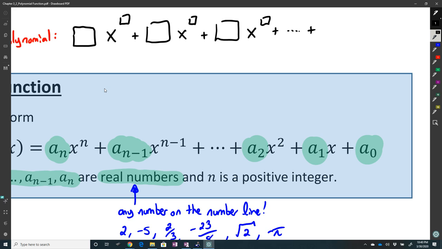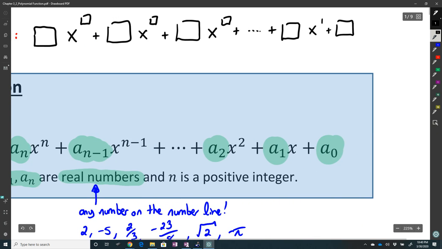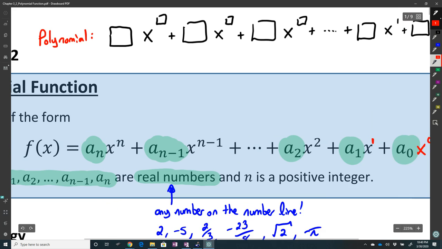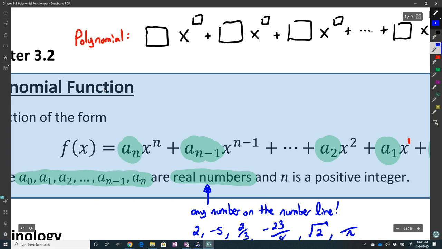And then eventually, if you keep doing that, you'll get to just a number x to the 1, and then a number by itself. And again, like I mentioned before, it's by itself because it's really x to the 0. There's an imaginary x to the 0 right here. This is x to the 1. So the rules are that these numbers can be any number on the number line, just like I mentioned.